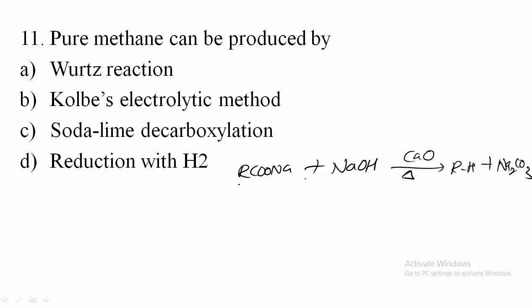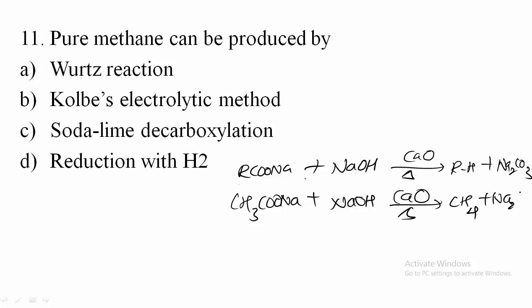Now if I take CH3 here, CH3COONa plus NaOH in presence of soda lime, upon heating I will get CH4 along with sodium carbonate. So this is one of the methods to get pure methane.